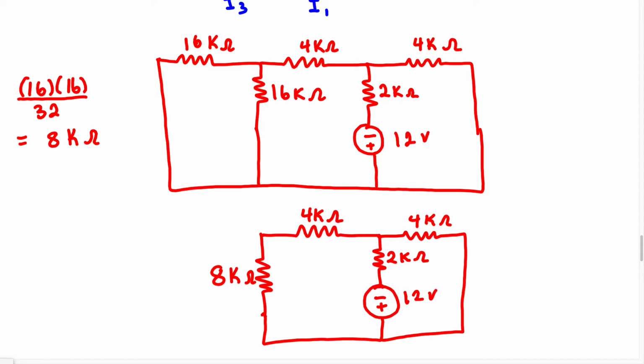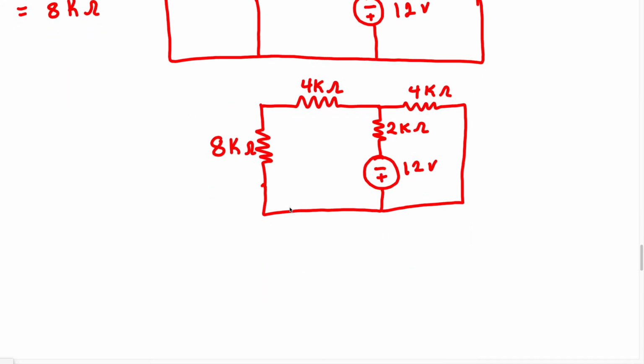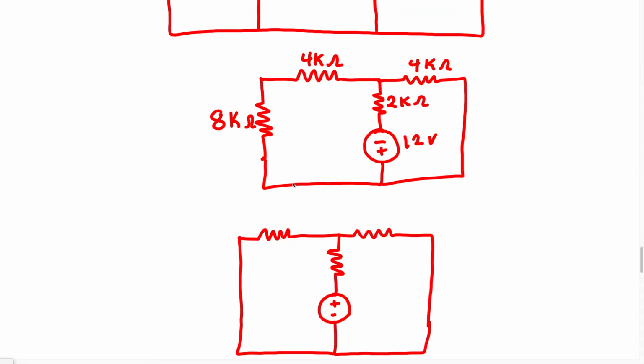Now we can continue to simplify this. We know these two resistors are actually going to be in series, so we can now simplify this to look like this. And we know we got 12K because 8 plus 4 is going to give us 12 kilo ohm, which is going to be this resistor right here.